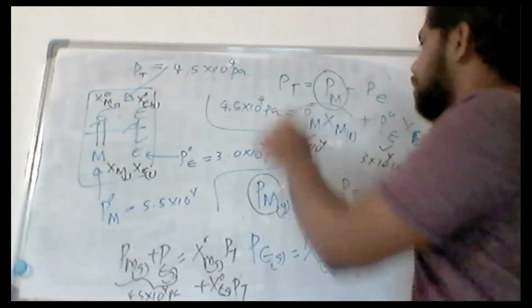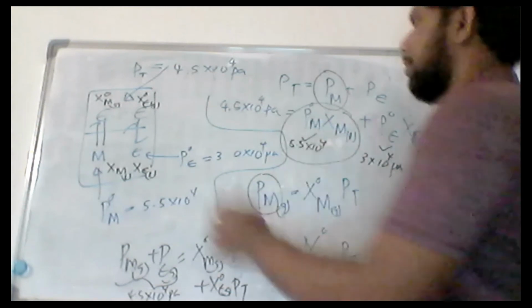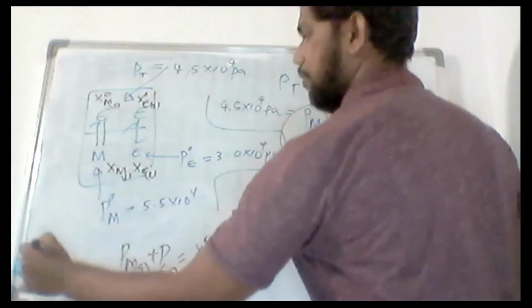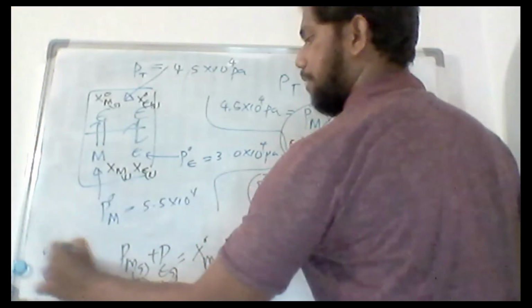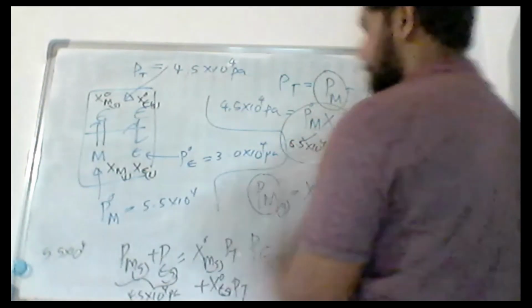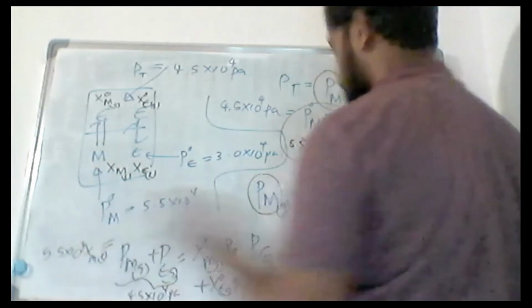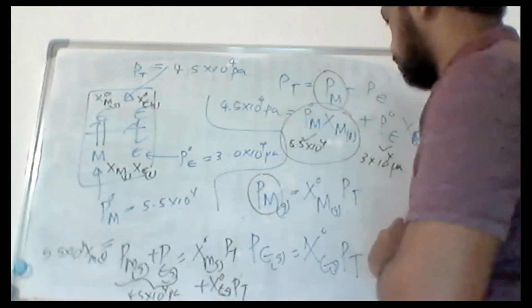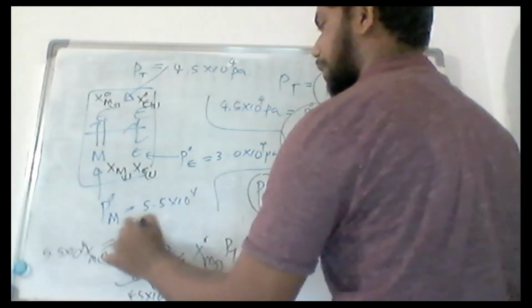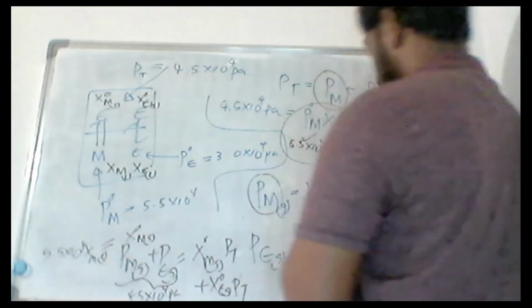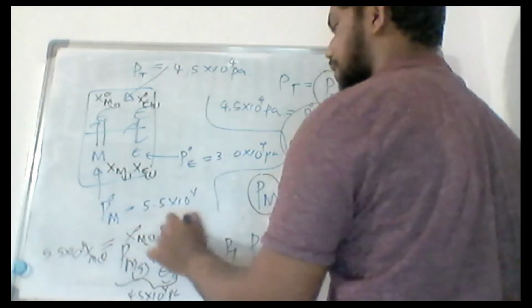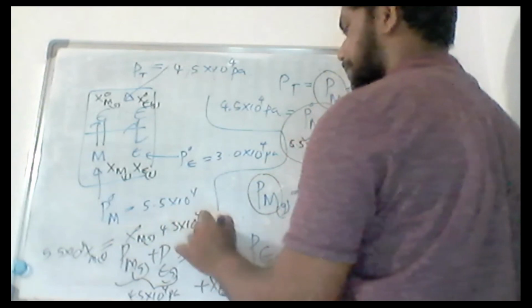Right? So this one is 5.5 into 10 to the power 4 XM liquid, which is equal to X naught M gas times PT, which is 4.5 into 10 to the power 4 Pascal.